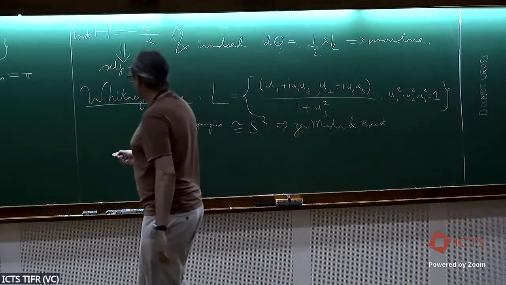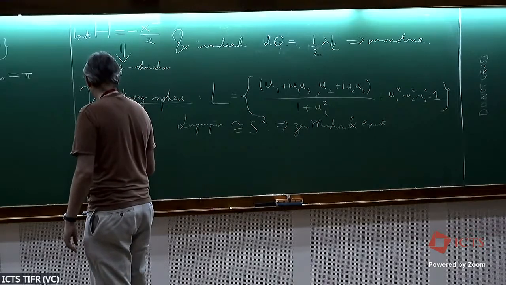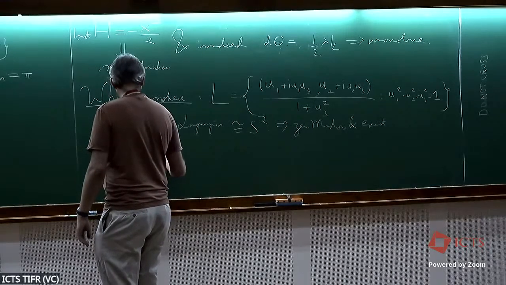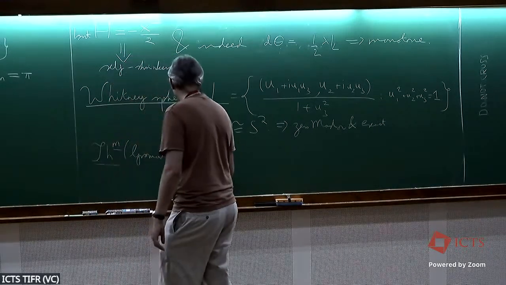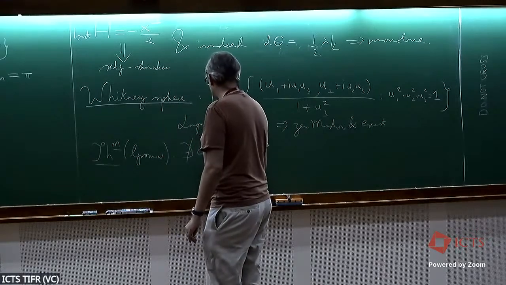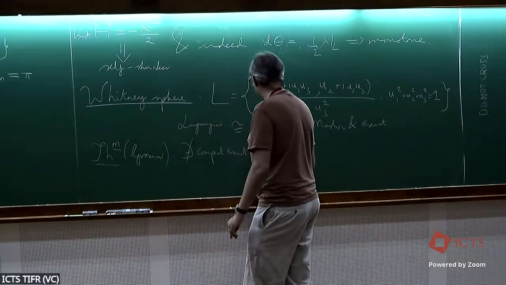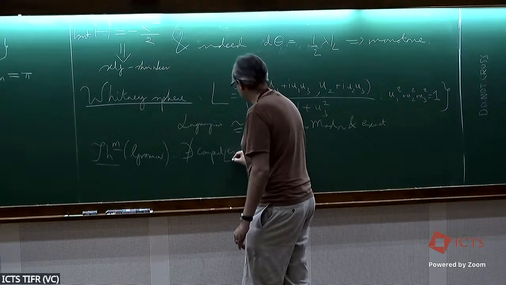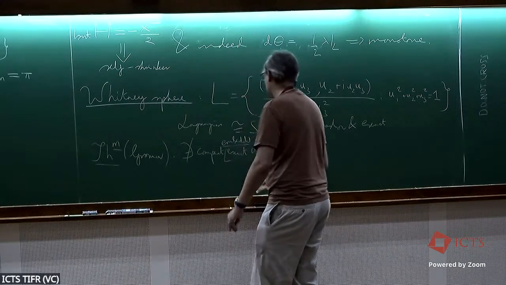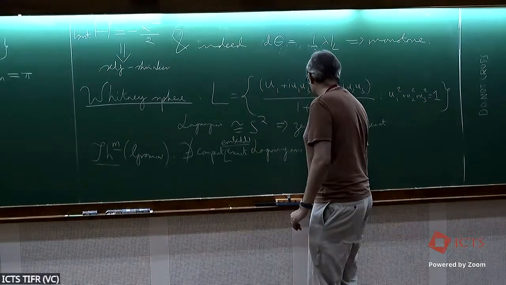But there's a very famous theorem due to Gromov that says there do not exist compact embedded exact Lagrangians in C^n.